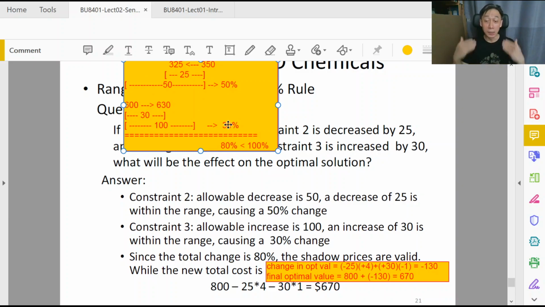So in this case, we find that any disturbance, plus or minus, is a disturbance, but still it is less than 100%. So we have cleared the 100% rule and we apply all the shadow prices because the guarantee still holds. And we just calculate strictly numerically, inclusive of all the signs of the changes and the signs due to the shadow prices as illustrated here.